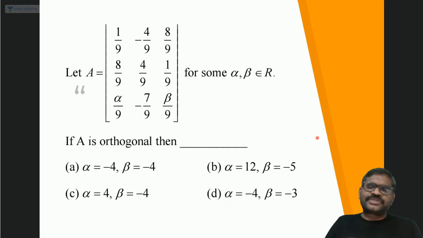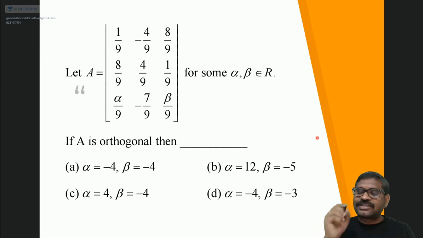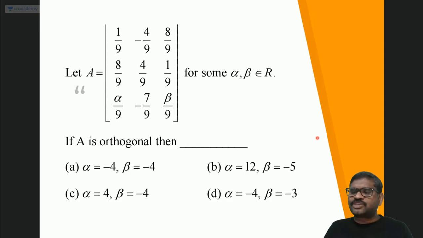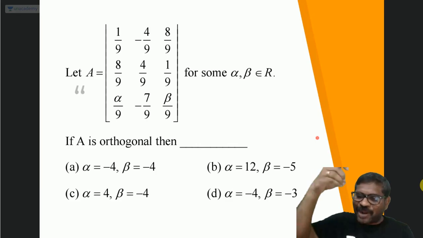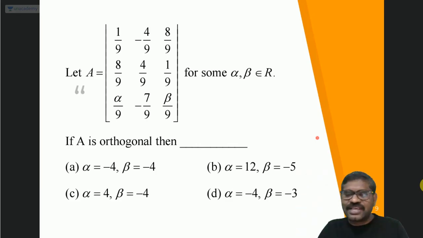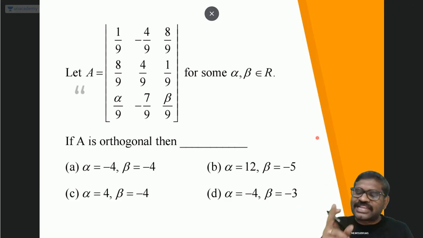Now, observe this problem. Yesterday I explained clearly the speciality of orthogonal matrices. A into A transpose equal to I. That is the standard definition. I explained some properties of orthogonal matrices. An orthogonal matrix is a collection of orthonormal vectors.